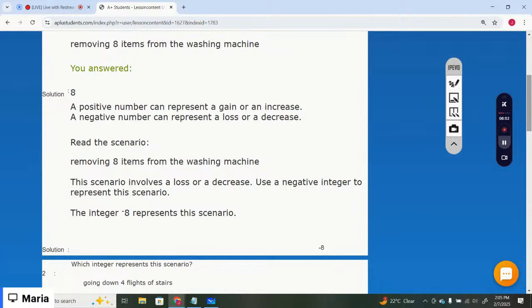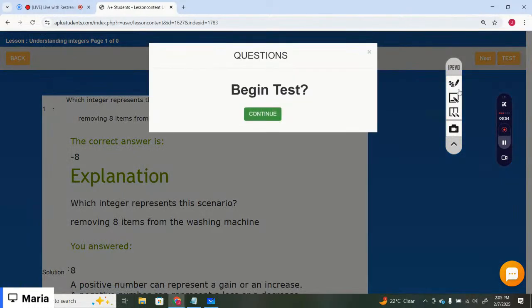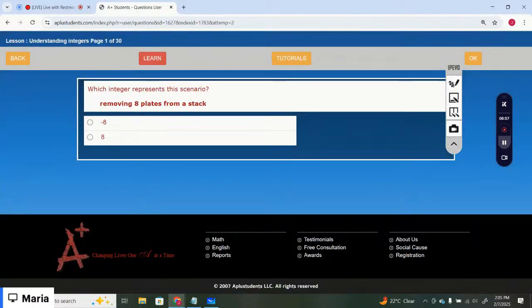Let's start with the test questions. Which integer represents the scenario? Removing 8 plates from a stack.